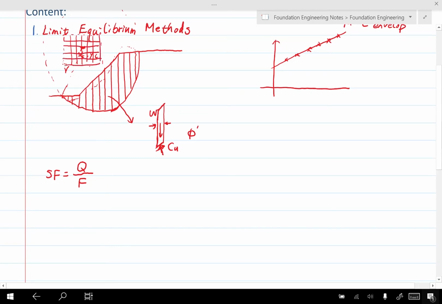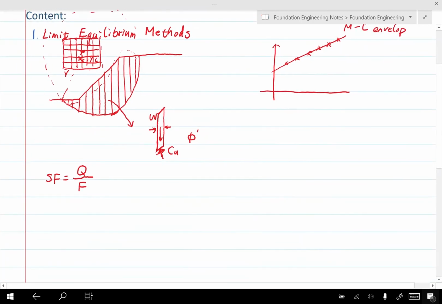Then we try every point in the grid one by one, and we choose the one that can generate the lowest safety factor. Of course, for each grid point, we will also try different radii to see which radius will give the lowest safety factor. So this is the idea of the limit equilibrium methods.